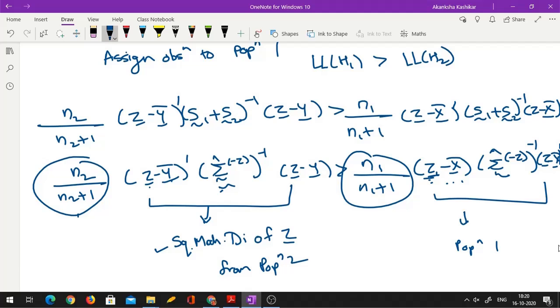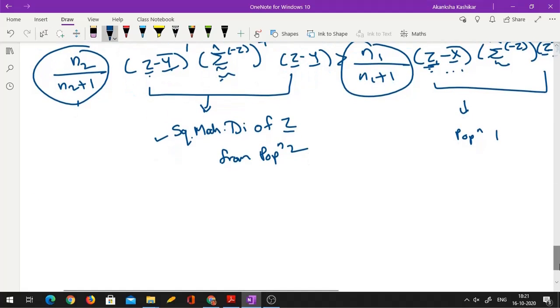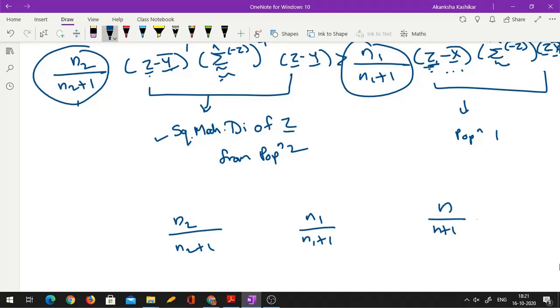And now what is the role of this quantity N2 upon N2 plus 1 and N1 upon N1 plus 1? We know this is playing a role slightly like that of a prior probability. So we know that n upon n plus 1 goes to 1 and it's an increasing sequence, right?